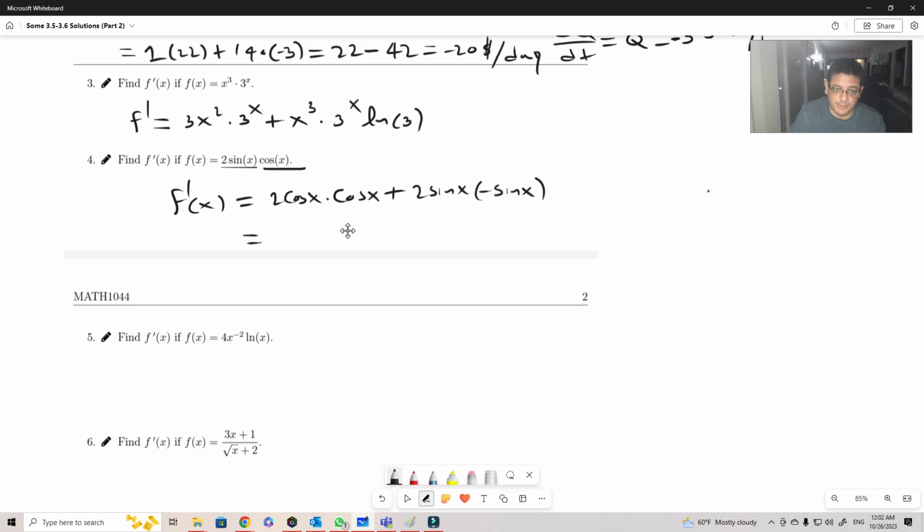So simplifying this, this will be 2 cosine square of x minus 2 sine square of x. We actually use an identity. This could be 2 sine of 2x, of cosine of 2x. Okay.